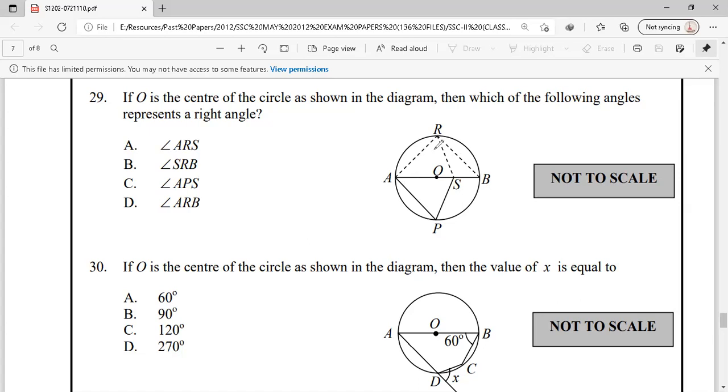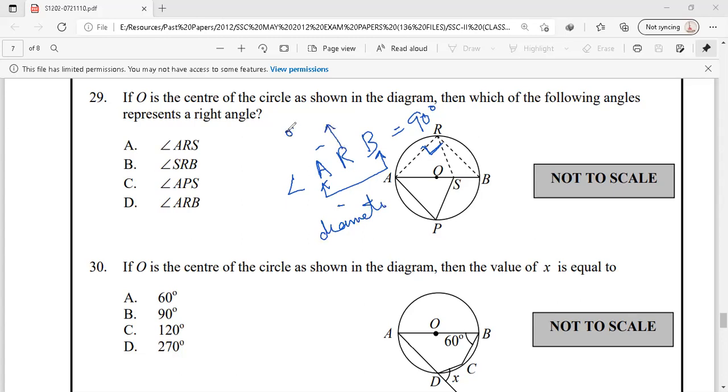The angle formed with the help of the diameter AB is the angle formed at R, so A, R and B. This angle is equal to 90 degrees because points A and B are the endpoints of our diameter, and point R is on the circle. So ARB is the right answer, that is option D.